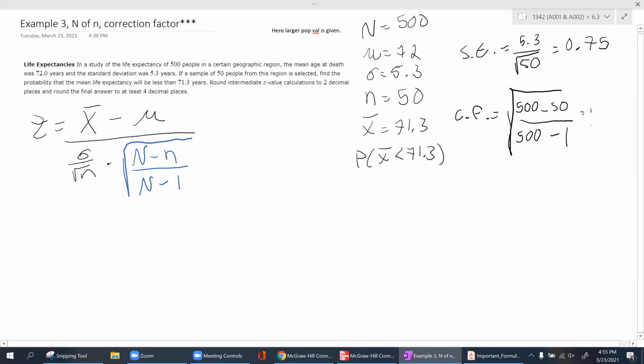In other words, this is the root of 450 over 499. Let's see what this correction factor is. 450 divided by 499. And this correction factor is 0.95.